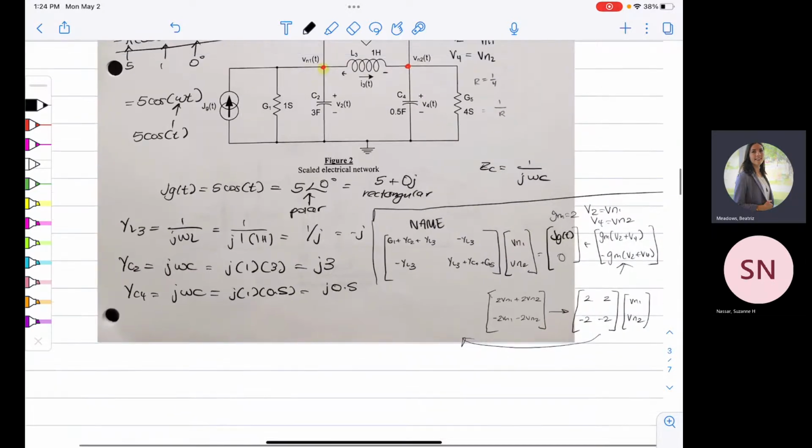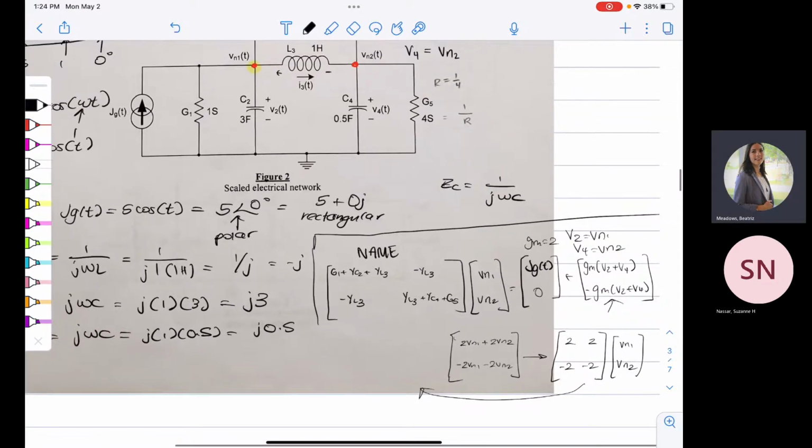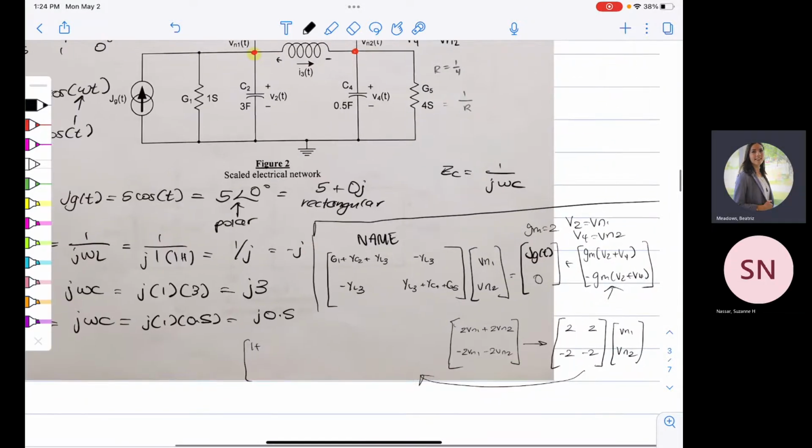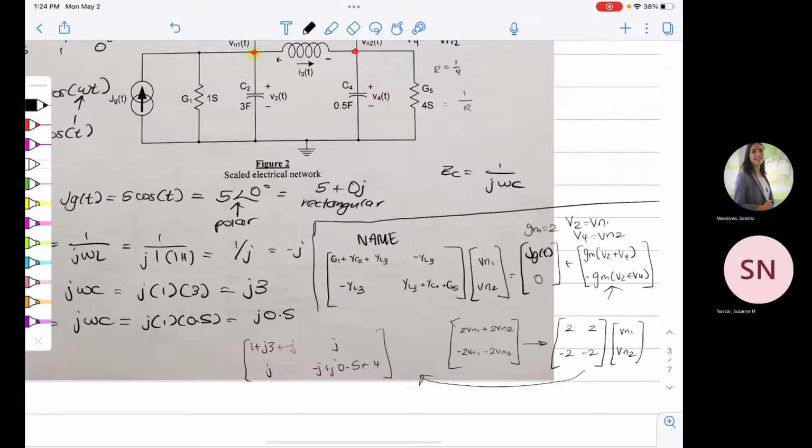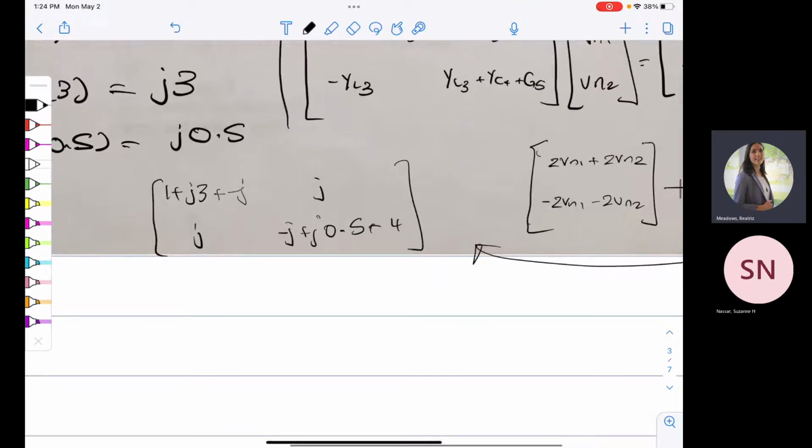So before we subtract, let's put all the values for impedances or admittances first. So G1 is just 1, right? YC2 we found to be j3. YL3 we found to be negative j. Negative YL3 is just negative j, so negative times negative j is j, and then we have again negative j plus YC4, which is j0.5, and then G5, which is 4. So we can simplify that down.